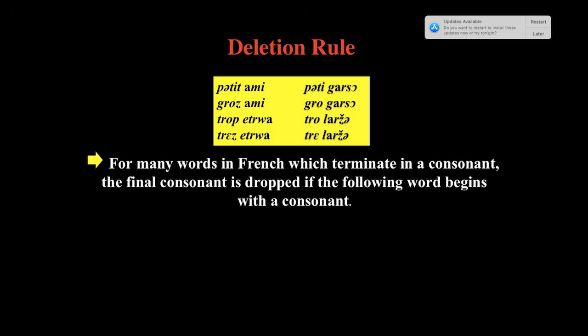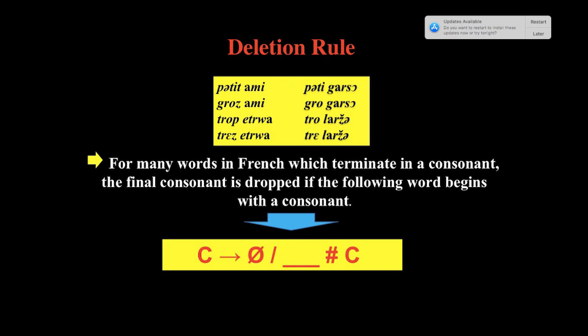We notice here that the t, s, and p are deleted when the second word starts with a consonant. That's a typical case in French of elision. So consonants in French are deleted whenever they are word final followed by another word that starts with a consonant, but they are not deleted when they are word final but followed by another word that starts with a vowel.